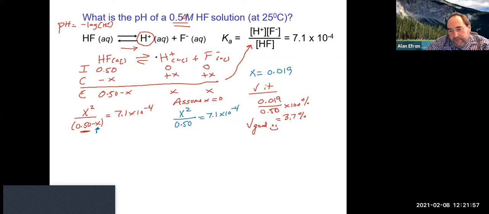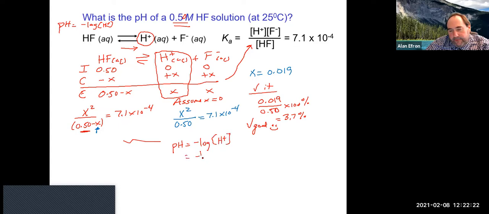In this particular case, remember that it is really H plus that we are looking to get. The pH would equal minus the log of the H plus concentration.